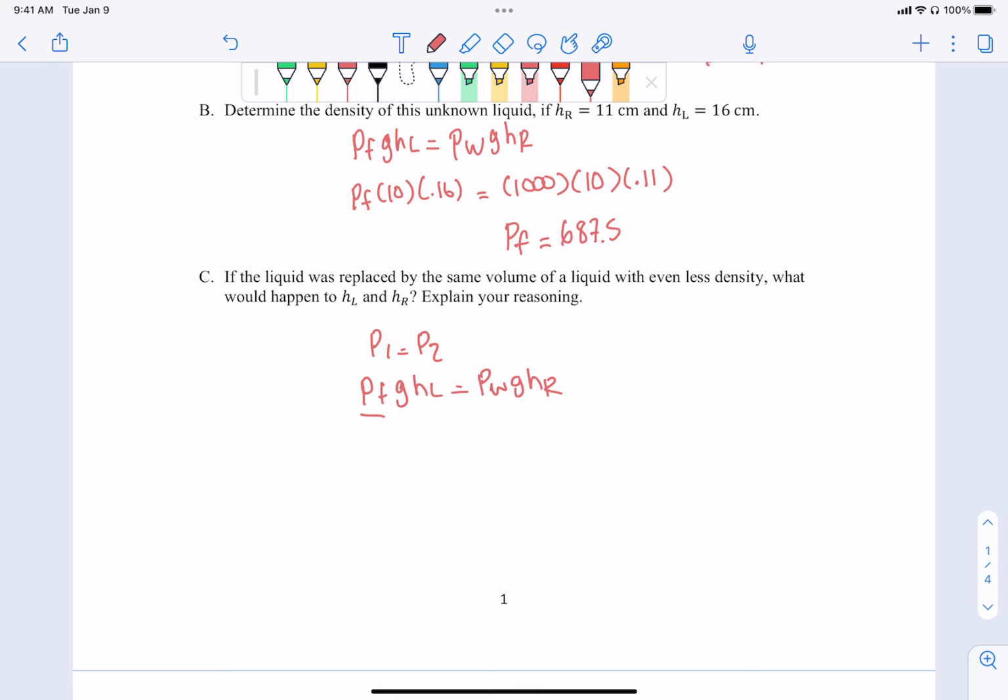So if this value right here were to decrease, then we would decrease the height of this as well to make sure that the pressure remains equal. Let me think about it with numbers again. Actually, I take it back, my bad.